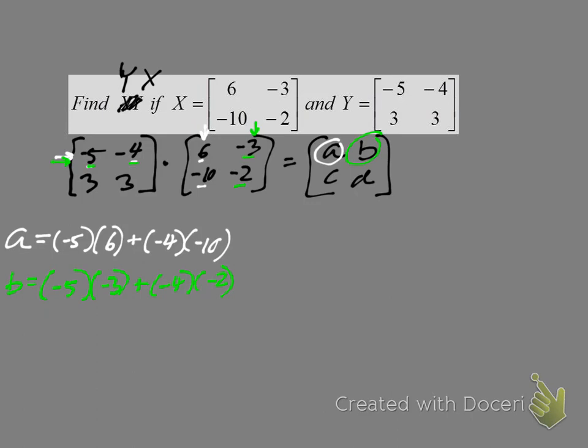It's kind of hard to explain, it's visual. So for C, we move down to our second row, but we're moving back to that first column. Everybody good? So 3 with 6 plus the next 3 with -10.